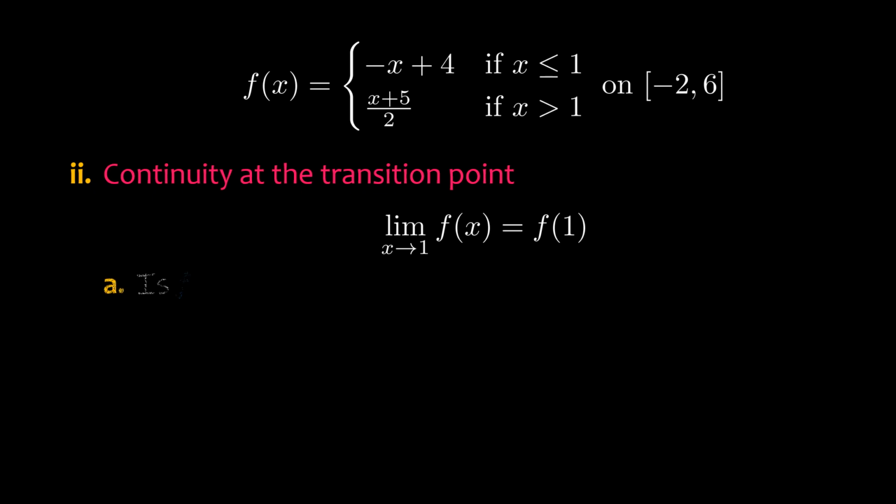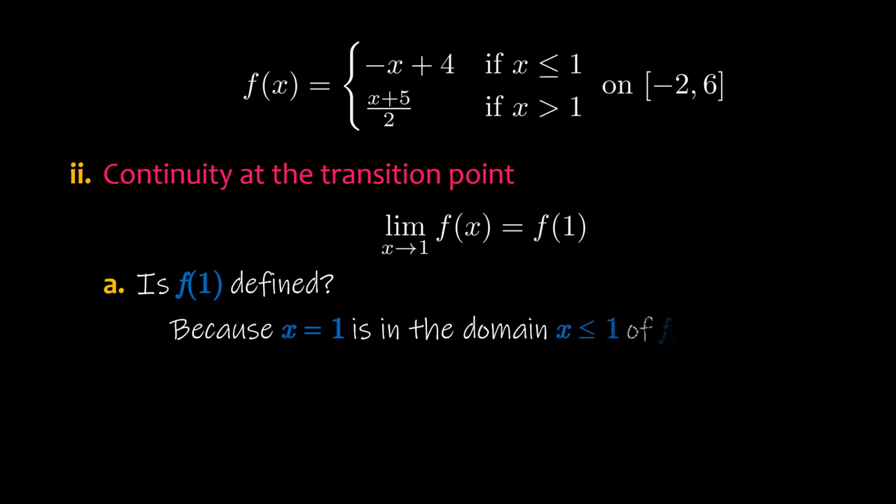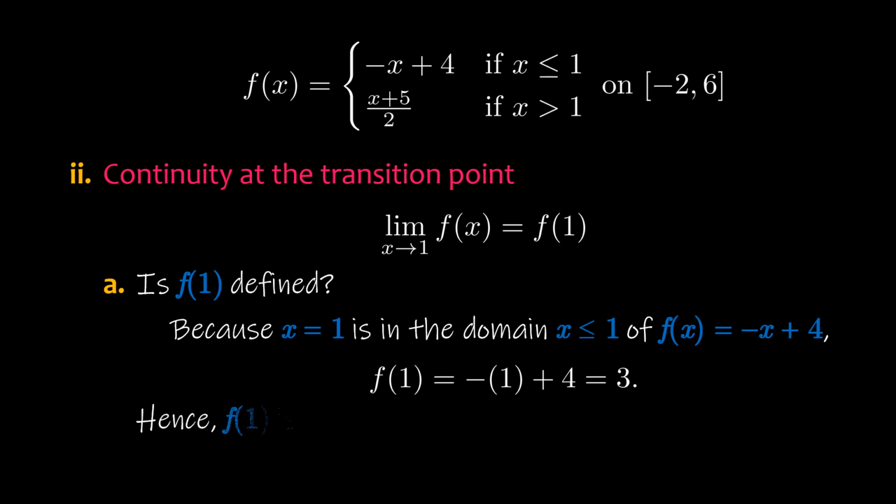A. Is f of 1 defined? Because x equals 1 is in the domain x less than or equal to 1 of f1 of x, f of 1 equals 3. Hence, f of 1 is defined.